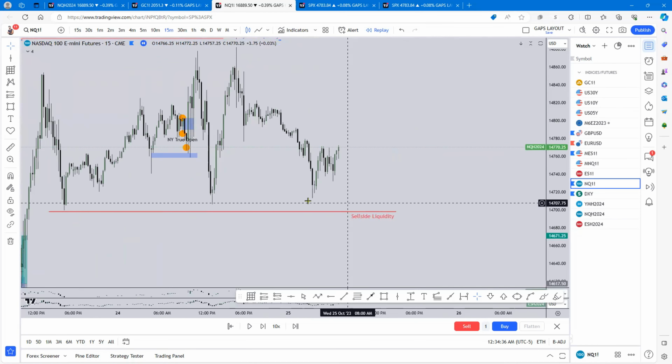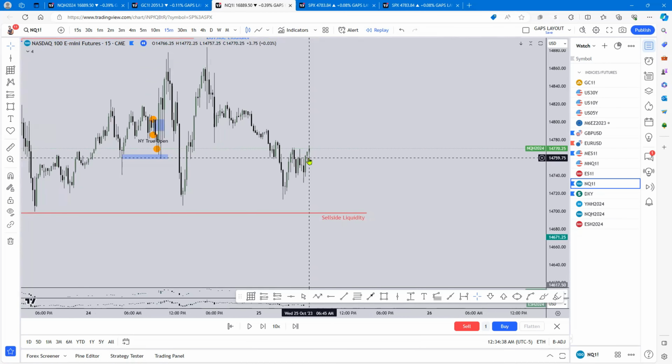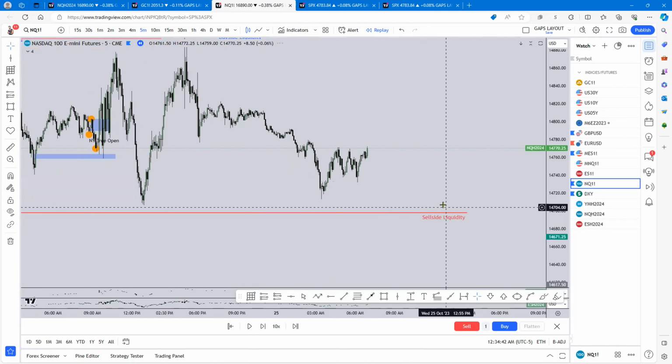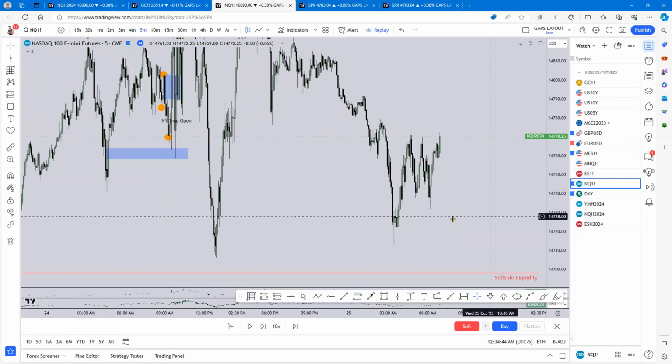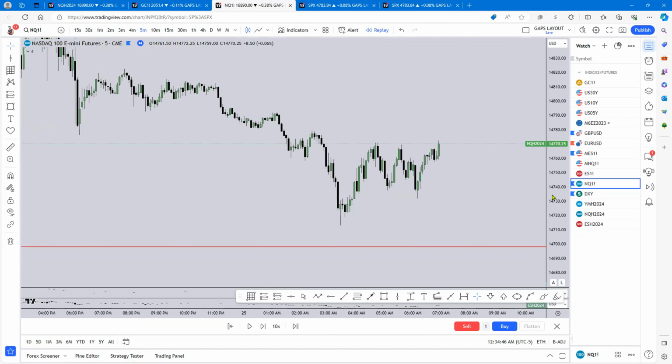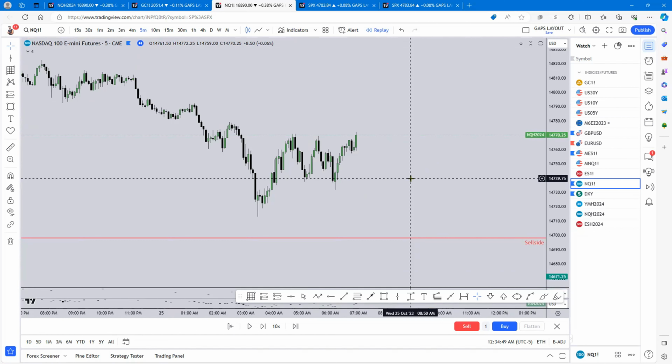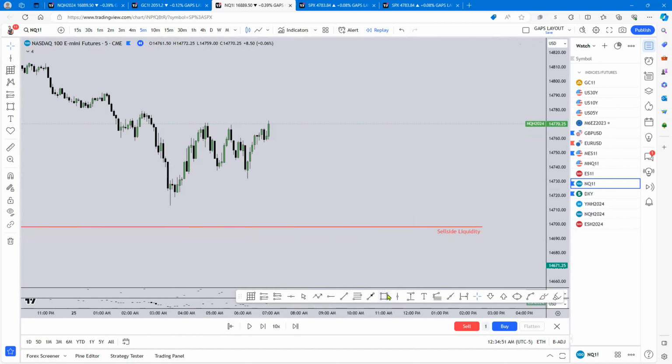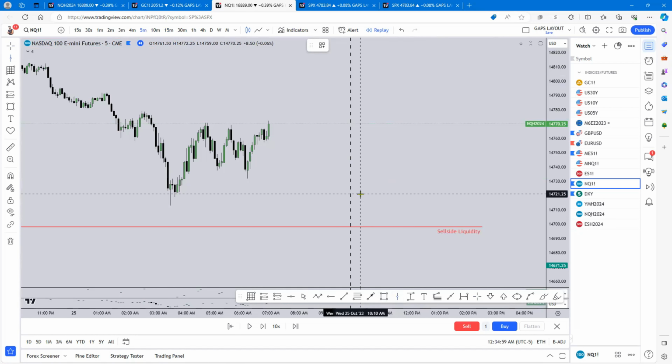Now our draw are these lows. So now we're going to be looking on 5-minute because price won't let us go any lower, but we're looking for the New York. Let's see, 15, 930, go 950, 1010.